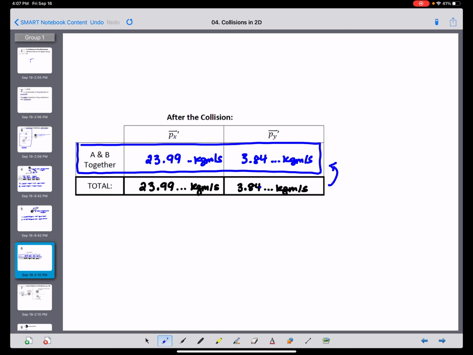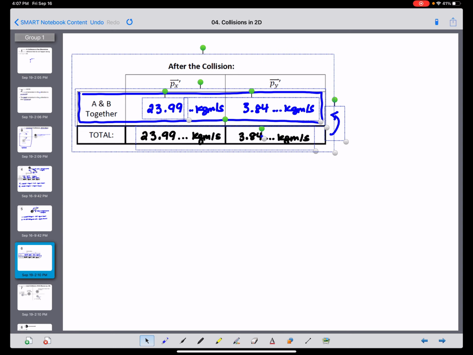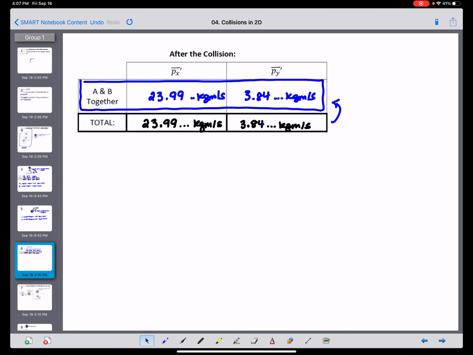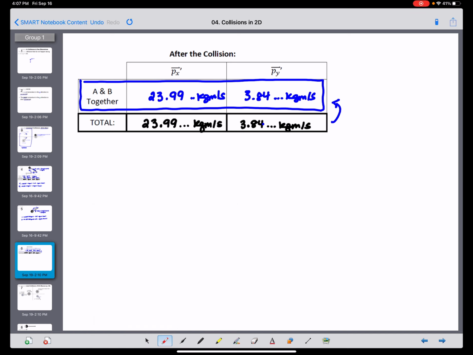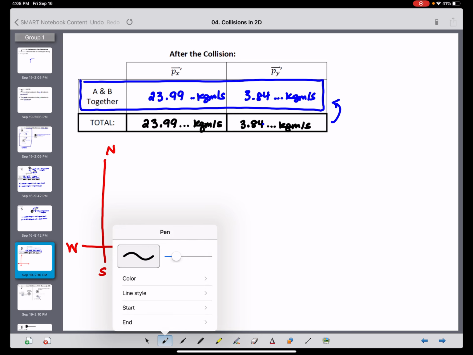Okay, so let's see how to use this to answer the question. I'm just going to move this up so that it's not in my way. We're going to find the momentum of A and B together after the collision, and we need to make a vector diagram to do that. So I'm going to draw a set of axes, and I'll label it north, east, south, and west. And then I'm going to draw in my vectors.